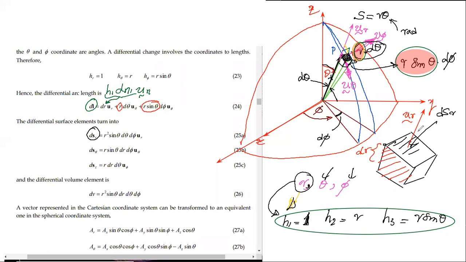And this length, you know, is r d theta. Therefore, you can write down that surface area of dS phi. This one should be r d theta into dr. This one dr. This is the surface area.